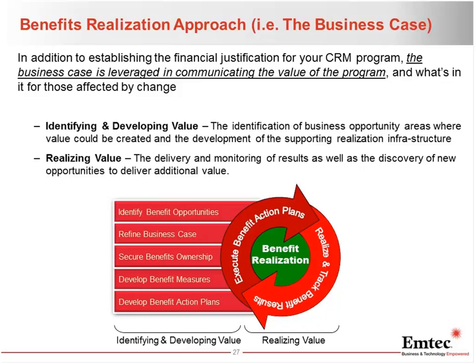The other piece is that doing this right and getting into the right level of detail is leveraged in a significant way in communication. As you're communicating to the various roles impacted by the program, you need to tell them what's in it for them and what's in it for the organization. And it should all be tied back down to benefits. So why are we using a CRM program?